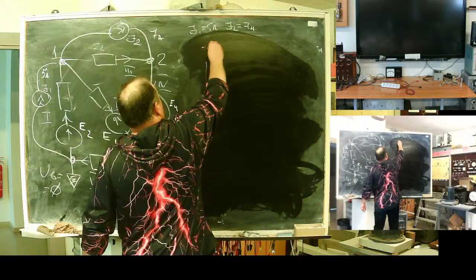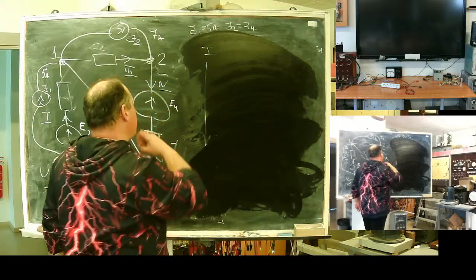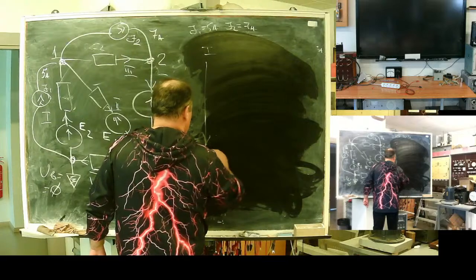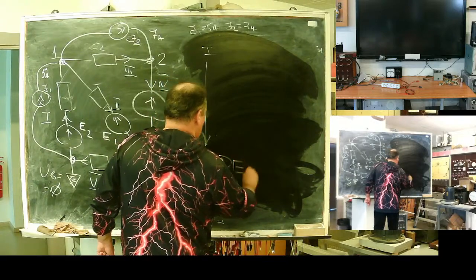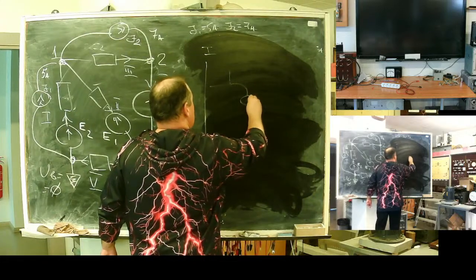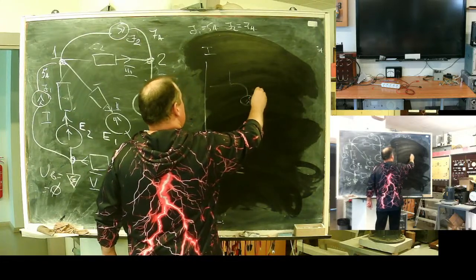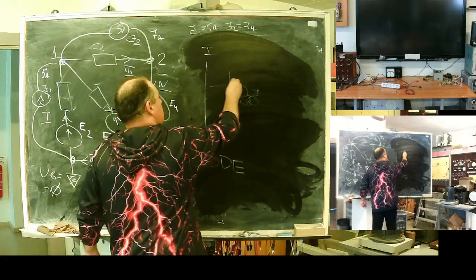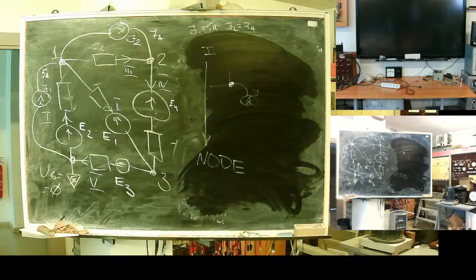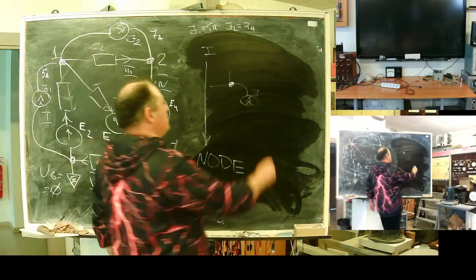One is called I. It's conducted by node, and if a current source inflows into this node, I should write it with the plus sign.